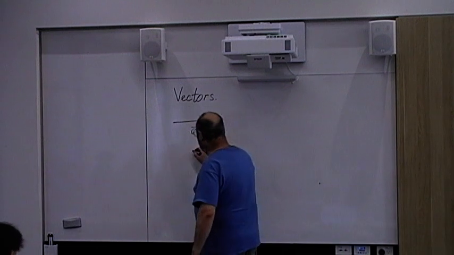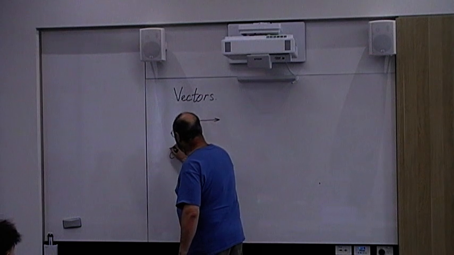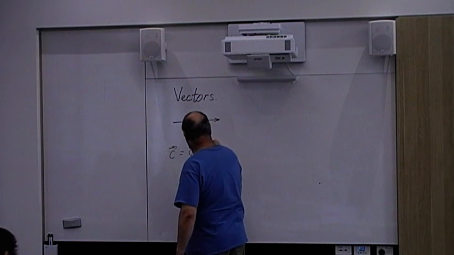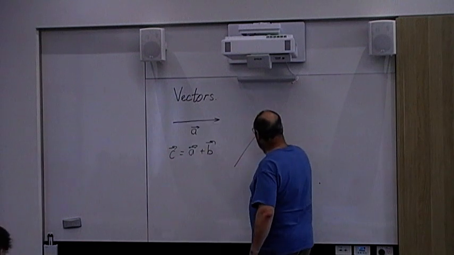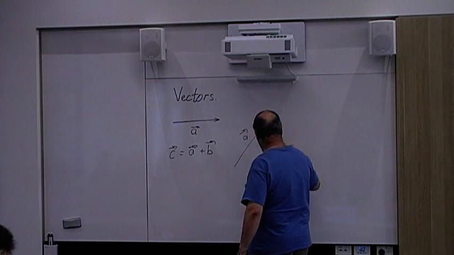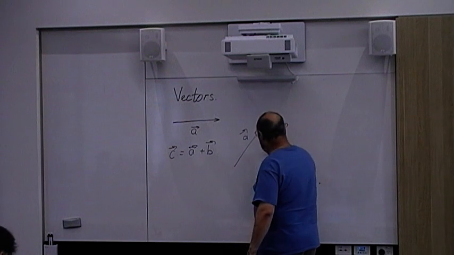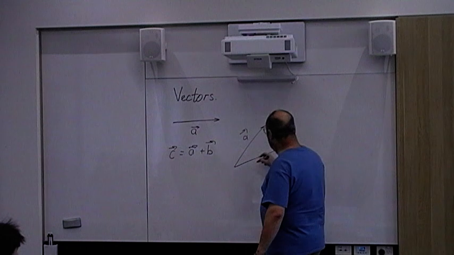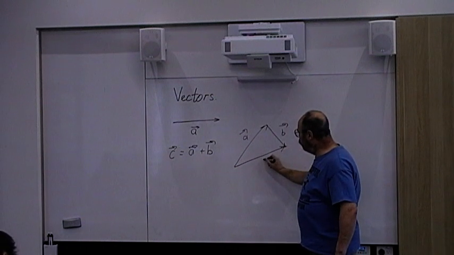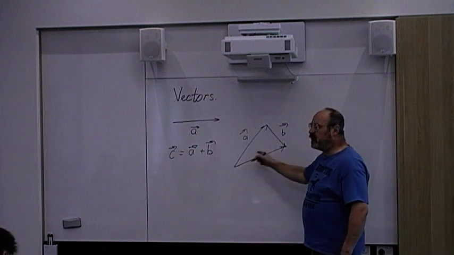So if vector C equals the sum of vector A plus vector B. If this is vector A and this is vector B, for the sum we connect the beginning of vector A with the end of vector B. That will be the sum vector.